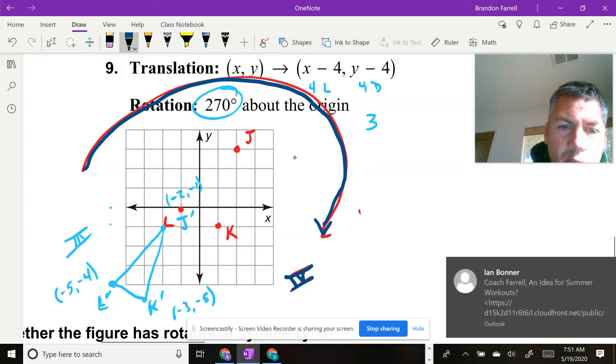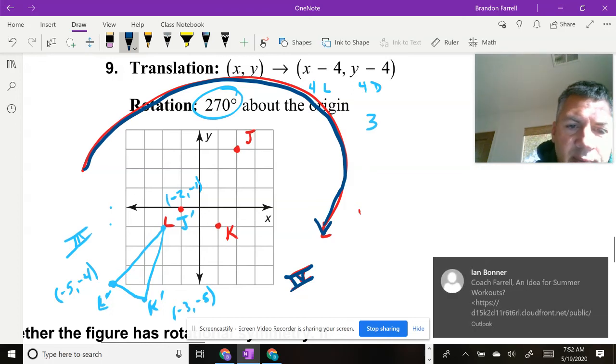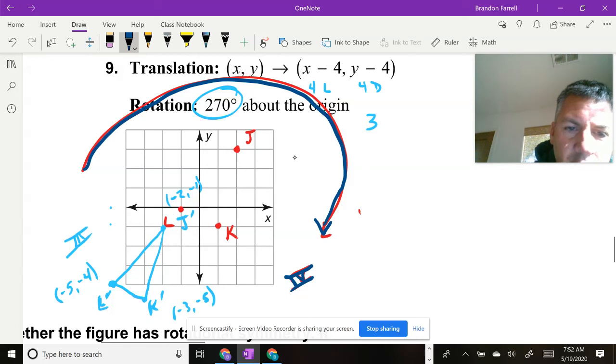So let's switch. So it's going to be +1, -2, for J prime. J double prime. Okay, so that's 3 different things.